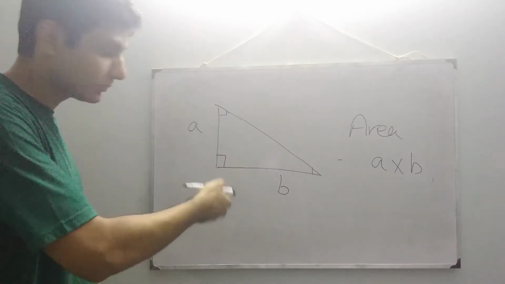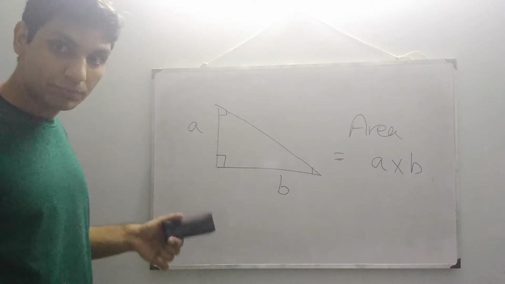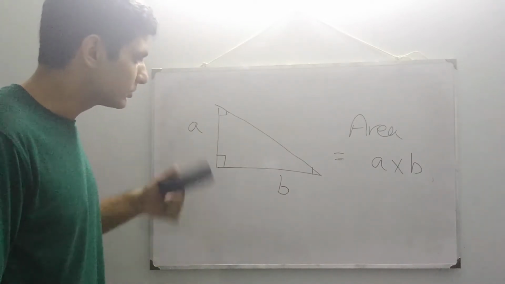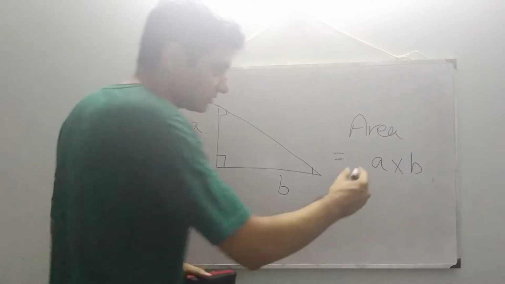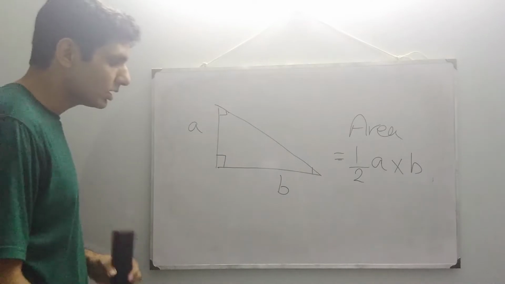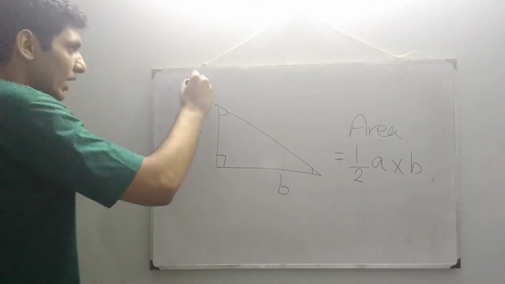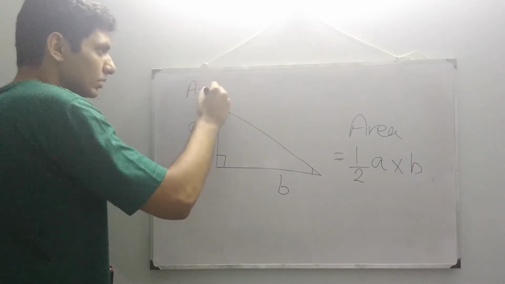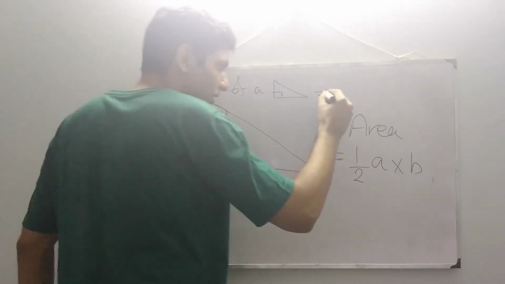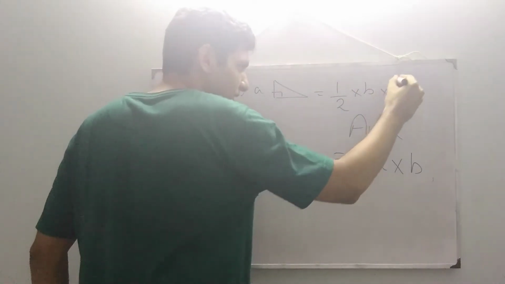This half happens to be a right triangle, and this also happens to be half of the original rectangle. So the area of a right triangle is half of A times B. If I call B the base and A the height, then the area of a right triangle is half of base times the height.